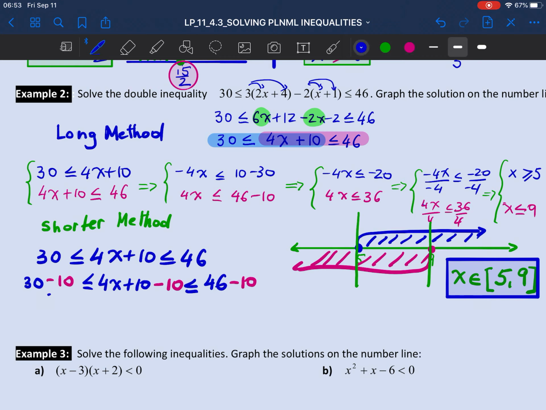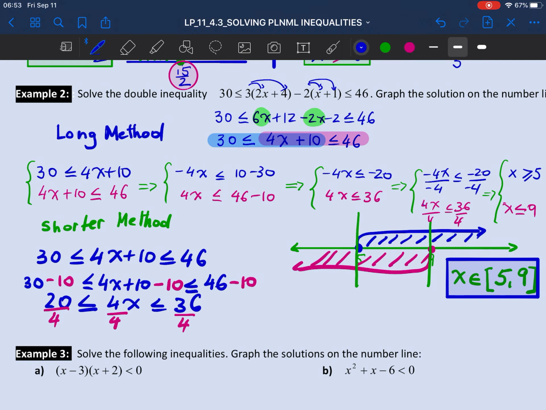Okay, so now we have 20, and now we have 4x, and now we have 36. One last step that we need to do in order to solve this: isolate x from 4. So remember, same thing to all three parts, okay?